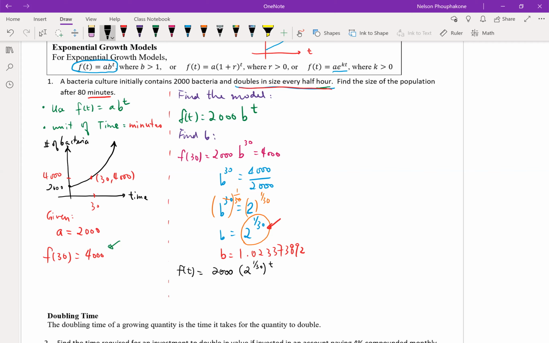Or I could rewrite this into 2000 times 2 raised to the power of t over 30. Okay, I simplify. Of course, I could also use f of t equal to 2000 times 1.02337 raised to the power of t.